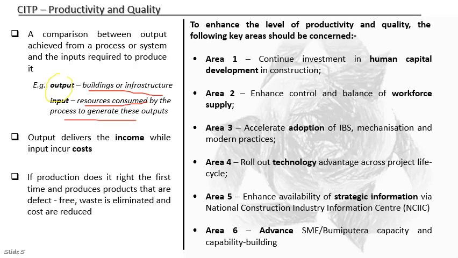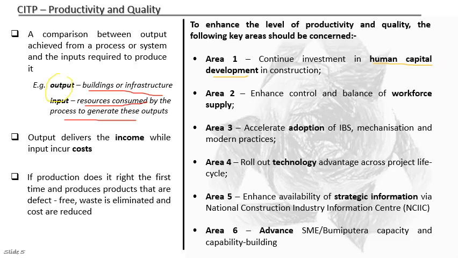The first area they are focusing on is human capital development. The issue in the first area is the mismatch of workers and the current needs. What I mean is that currently we have a large number of low skilled workers in the construction industry. However, as you are aware, our government aspires to move towards technology, for example IBS.